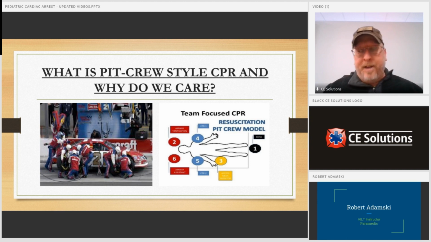Now, what is pit crew style CPR? Pit crew style CPR is a method, or a series of procedures, that we can utilize while we perform CPR in the field as first responders. It has three main components.